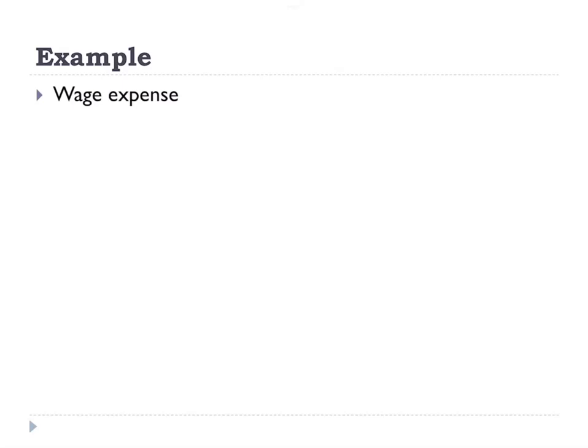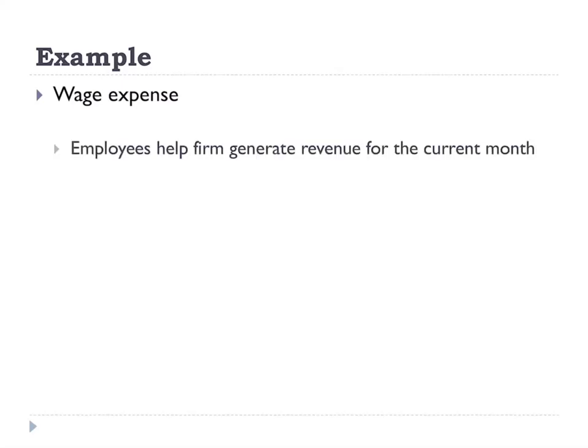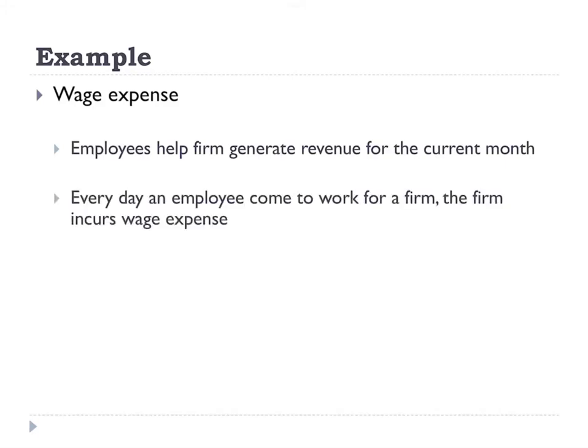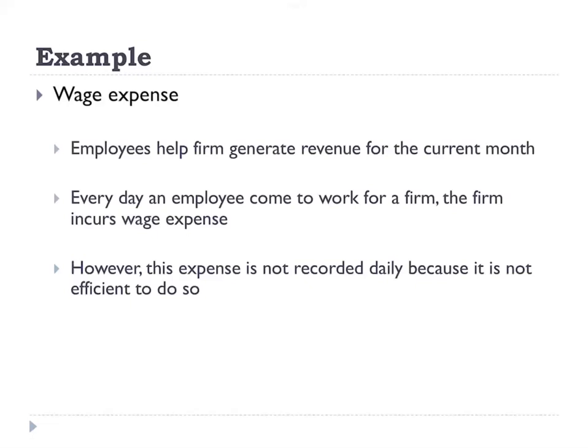The first example is wage expense. Employees help the firm generate revenue. However, in order to be efficient, every day an employee comes to work for the firm actually incurs wage expense.